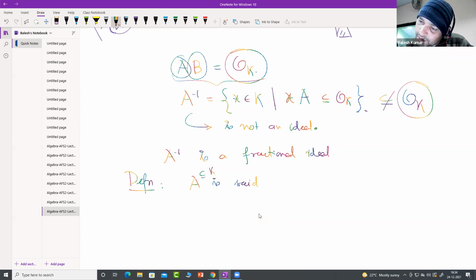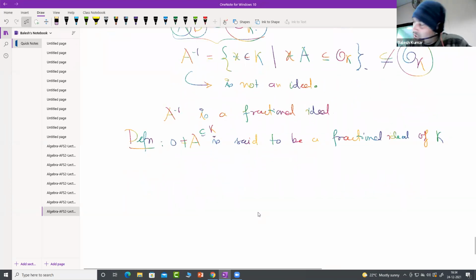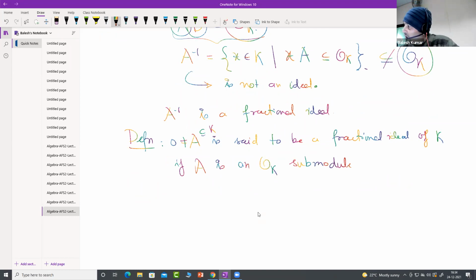So let me give the definition. A subset A of K is said to be a fractional ideal of K if it is a non-zero subset of K, and if A is an OK submodule, which is module theory you will study next week, for which there exists a denominator C belonging to K star such that C times A is contained inside OK.